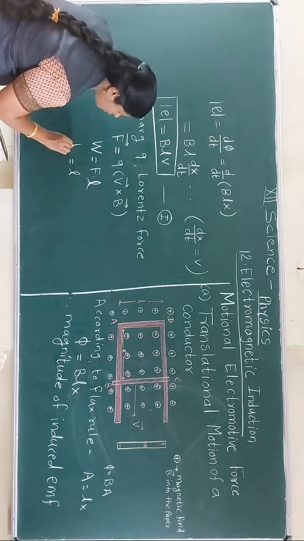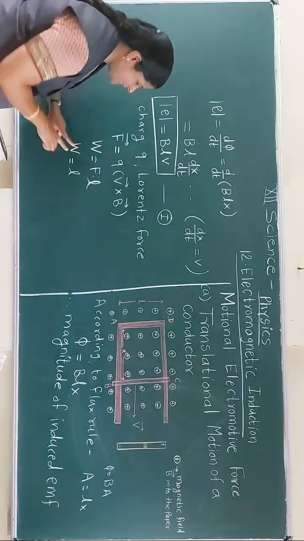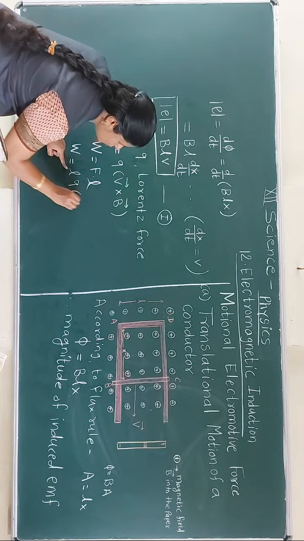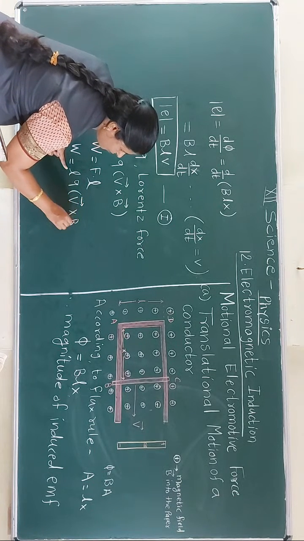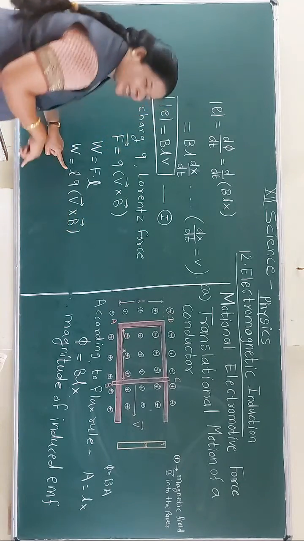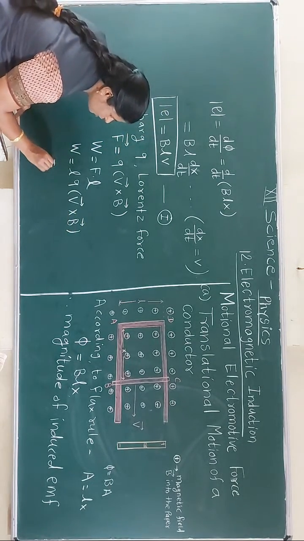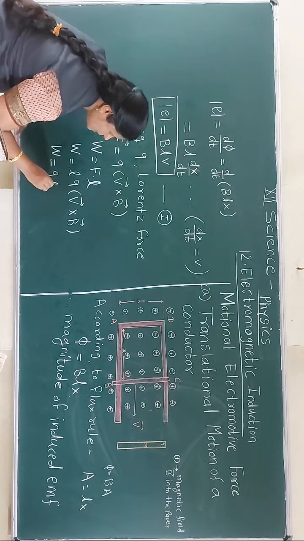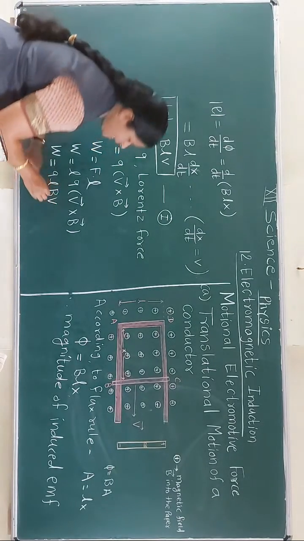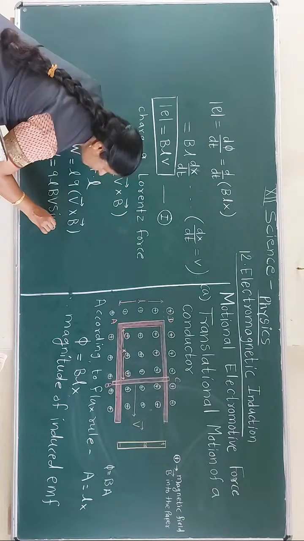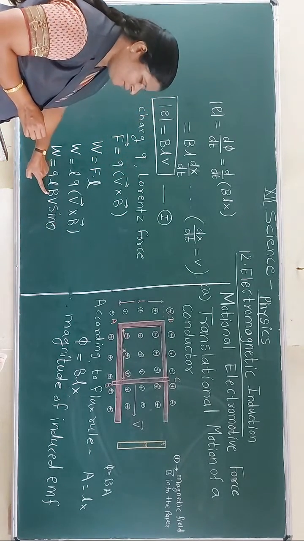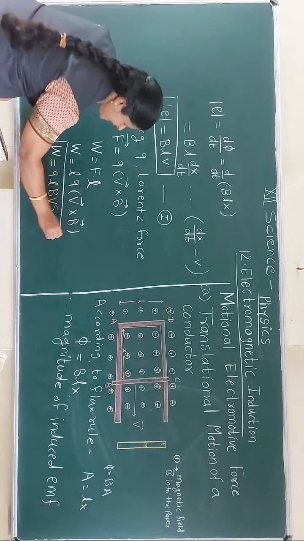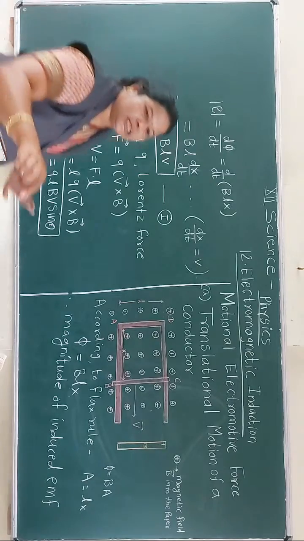We get W, the work done by the charge, W is equal to L into Q into vector V cross vector B. If we write this equation in magnitude, we get W is equal to Q L B V sin theta. This is the equation we get for the work done for the charge.